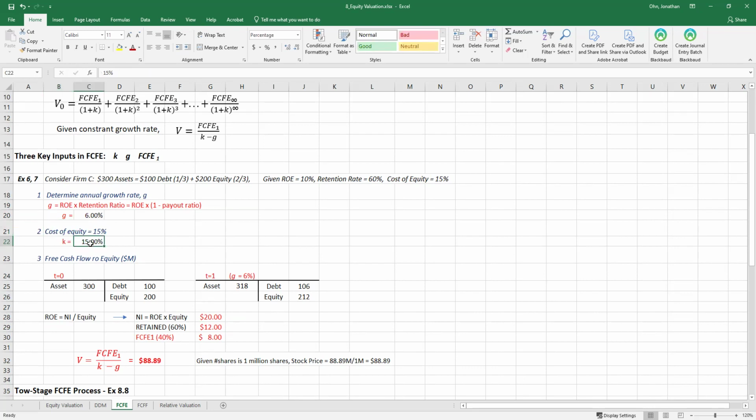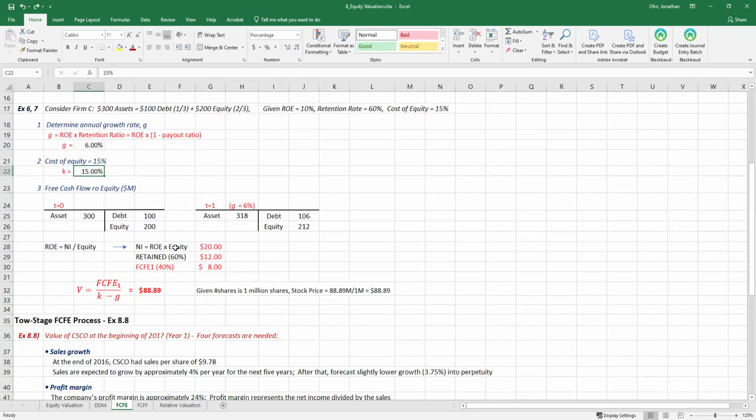Suppose cost of equity is given as 15%. I told you that you derive cost of equity using the CAPM model, the capital asset pricing model. That's how you do that. So as a result, let's assume we got 15%. Now, forget this one, and pay attention to this one here.